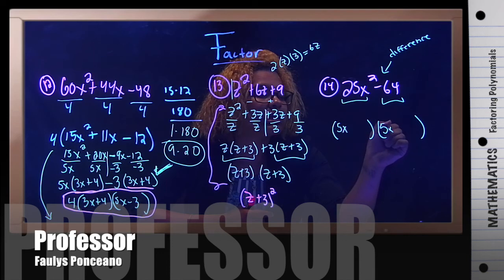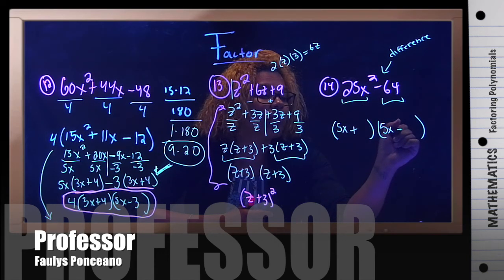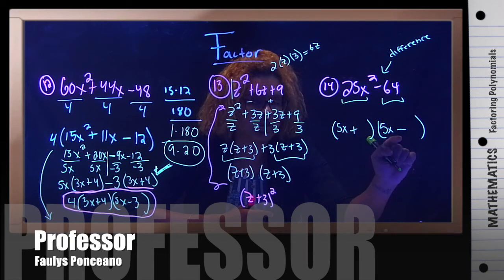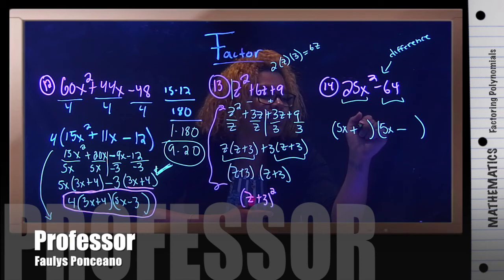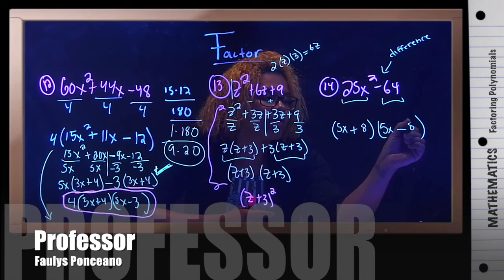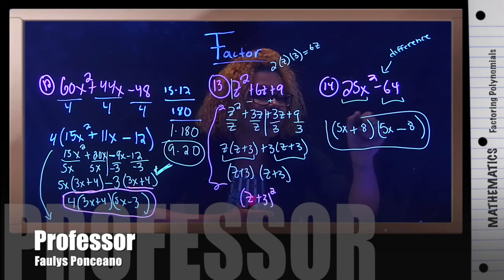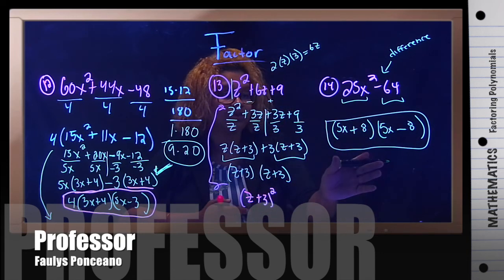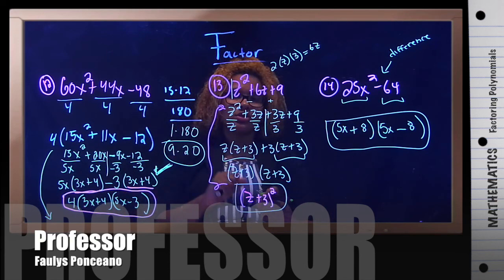X. It has to always be plus and minus. Different signs. Okay. Square root of 64, 8. And that is your answer for that example. So the answer for question 14, the answer for question 13, and the answer for question 12.